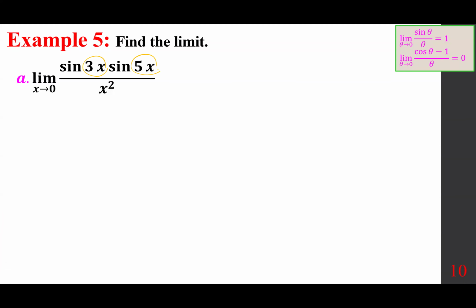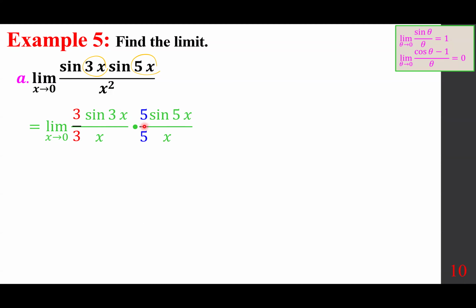So what we do, we make up two fractions, one of them sine 3x over x, one of them sine 5x over x. And since this is 3x, 3 is missing here. I can put a 3 here and 3 there. This one, 5 is missing, I do the same.